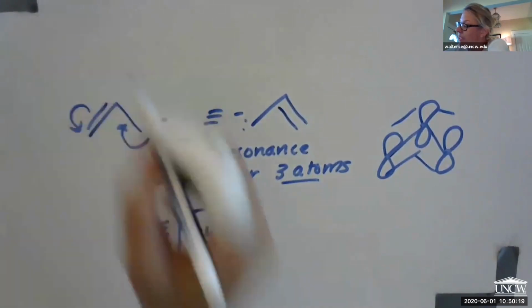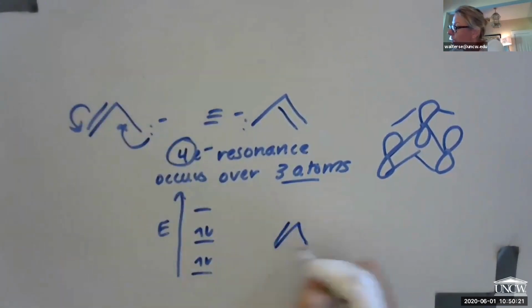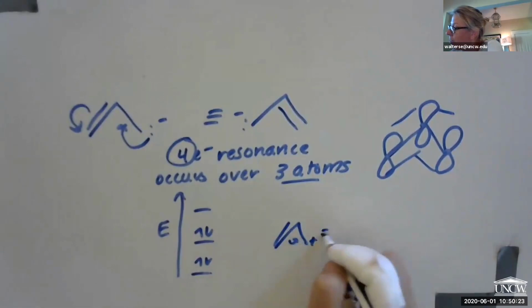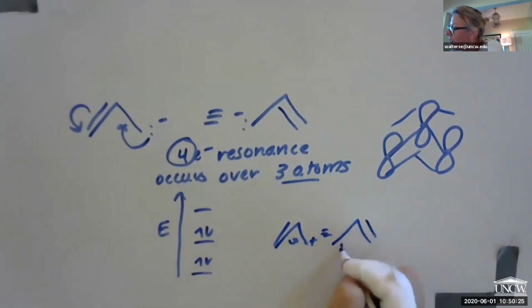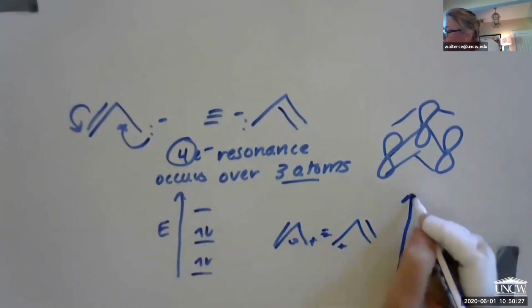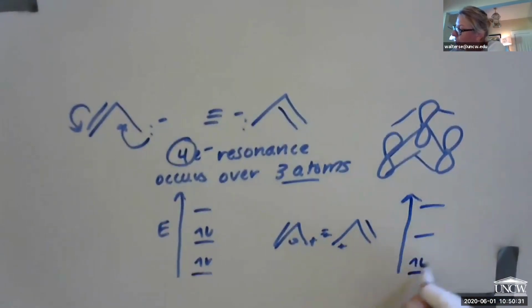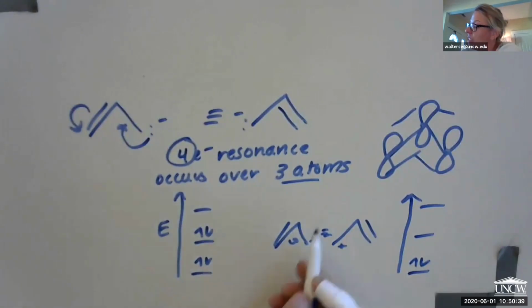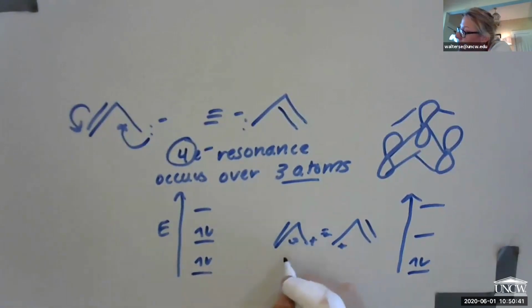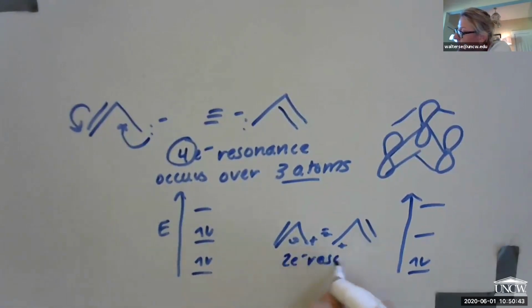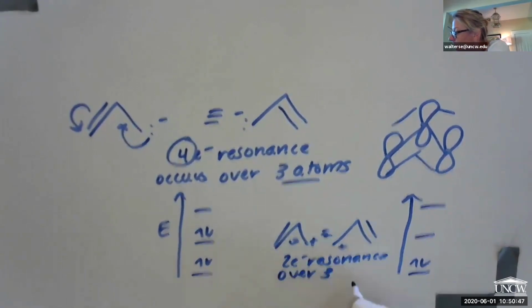If it was an allylic carbocation, you have 3 atoms, so you're going to have 3 molecular orbitals, but now you're only stabilizing 2 electrons, because this resonance is a 2-electron resonance over 3 atoms.